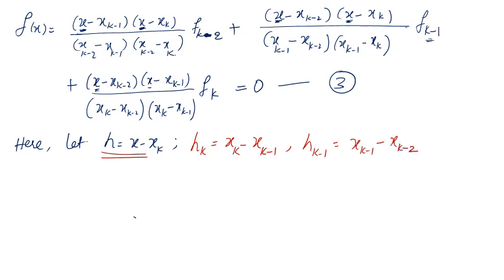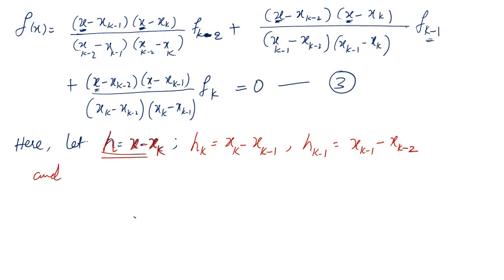To simplify expression 3, we are assuming h = x - x_k, h_k = x_k - x_{k-1}, and h_{k-1} = x_{k-1} - x_{k-2}.